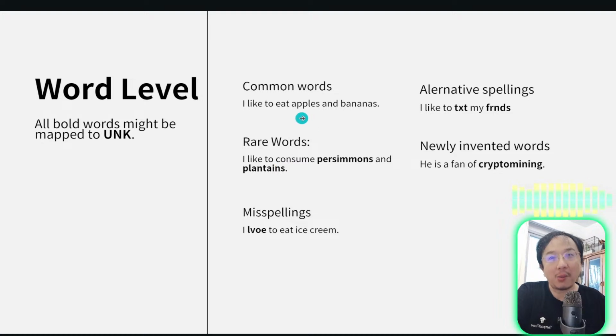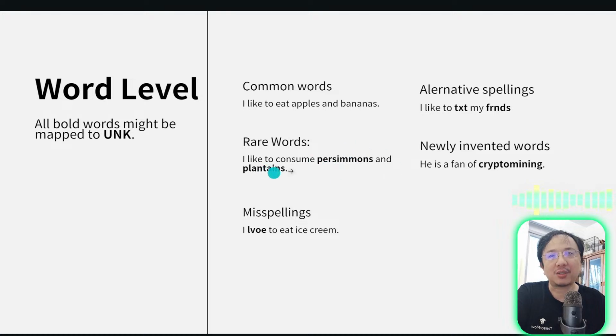The problem with word level is it only applies to English, and only to certain experimental research situations, because in the real world there are many exceptions. Even for English, there may be rare words that are not in the dictionary. So one thing is that your dictionary may not be complete.